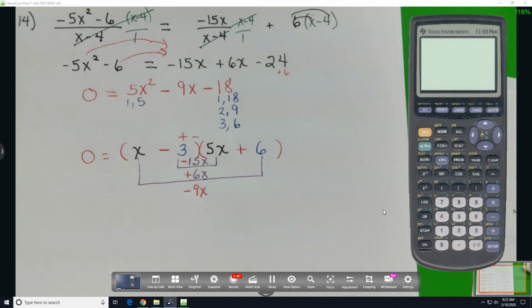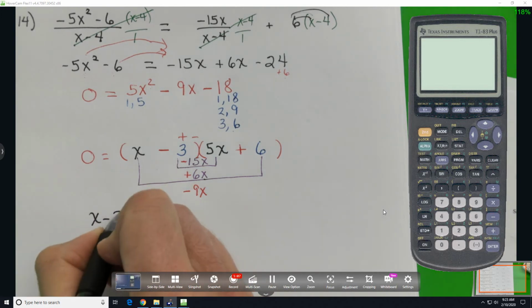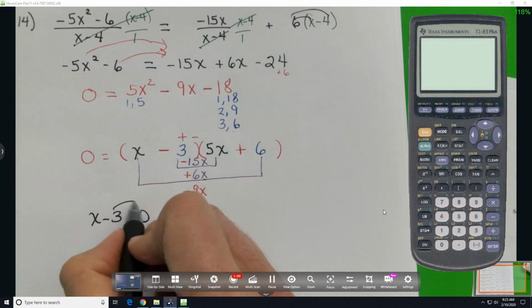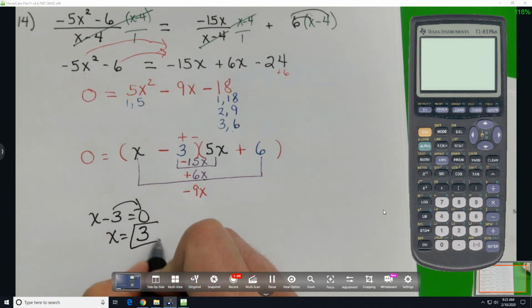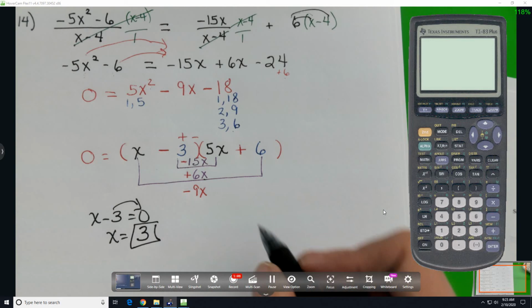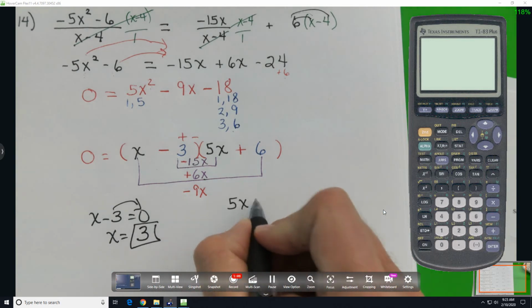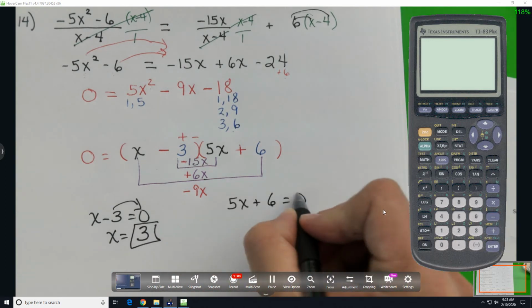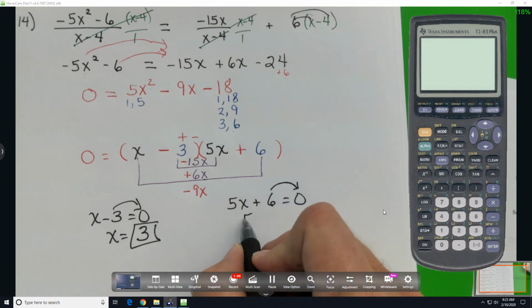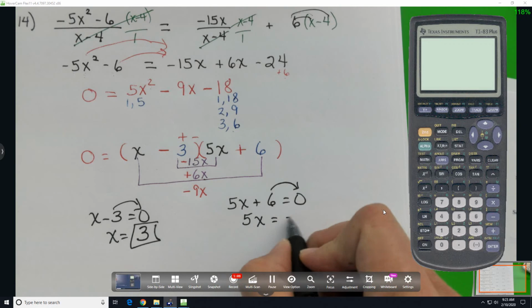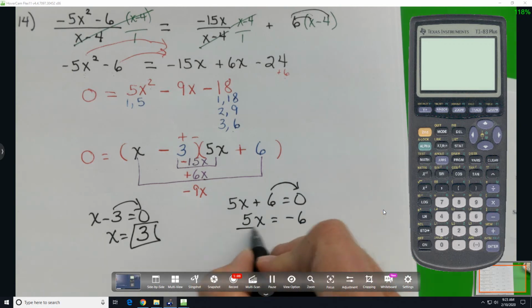Now, set each one of those factors to 0. So x minus 3 is 0. So isolate the x. So we have a 3 is one answer. Let's see, what would we do? We move the 6 over. So we have a negative 6.